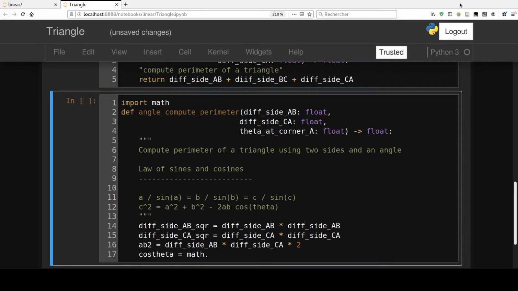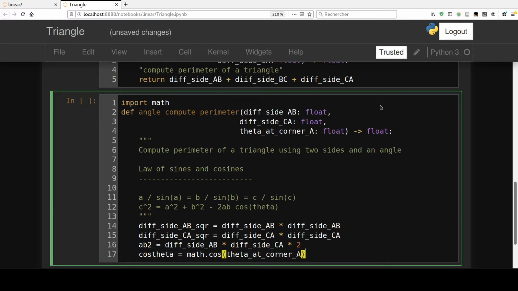I think the function's name was math cosine or cos. Let's see what the documentation says. It is cos. So math cos theta at corner A.